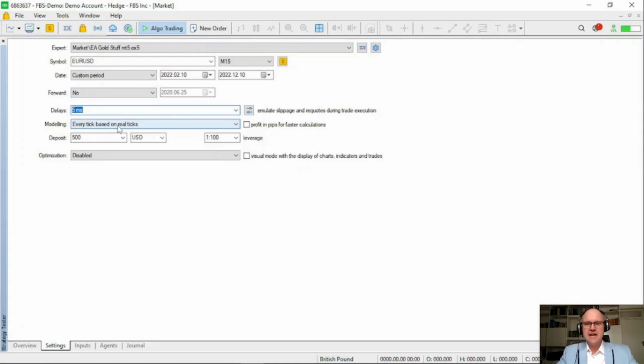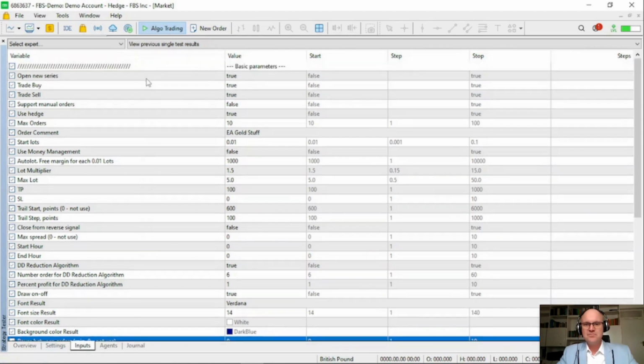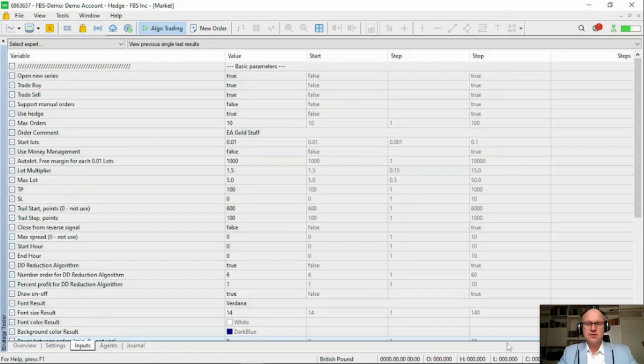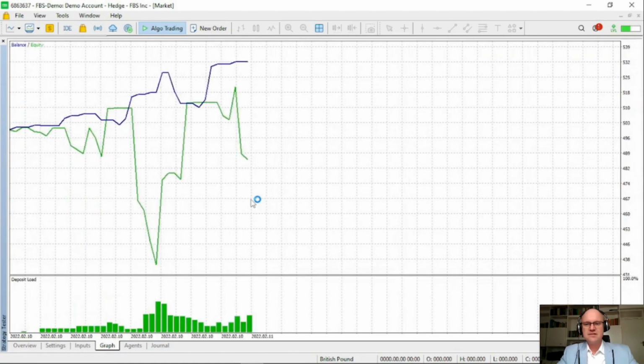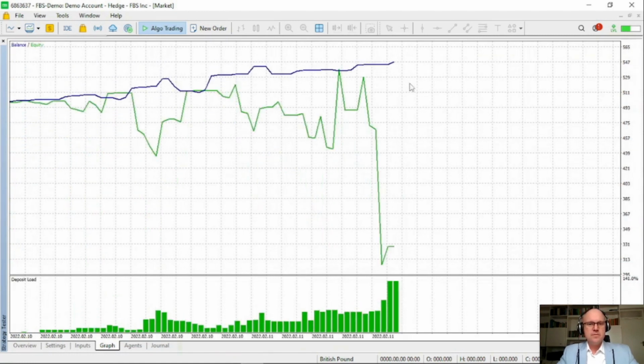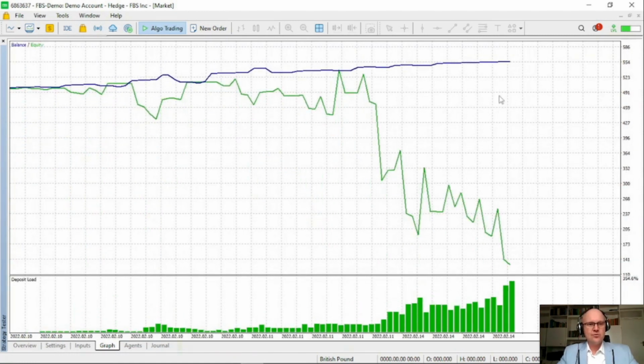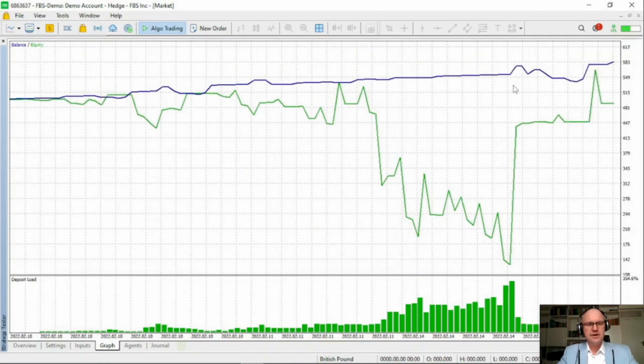I'm going to be using a 5 millisecond delay, and my modeling is going to be based on every tick based on real ticks. Now the amount that we'll be using is only $500 or the equivalent in a cent account. Now, when we test the default settings like before, we remember that this is a very aggressive style grid bot.